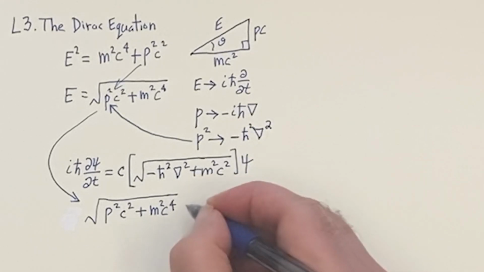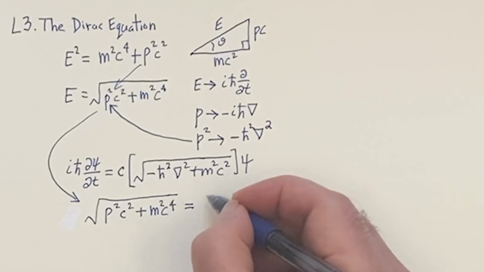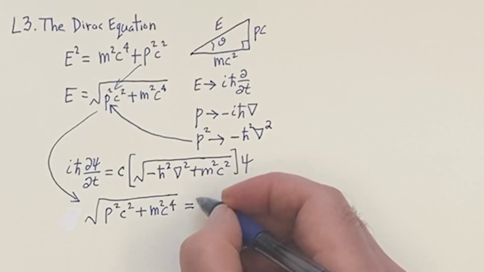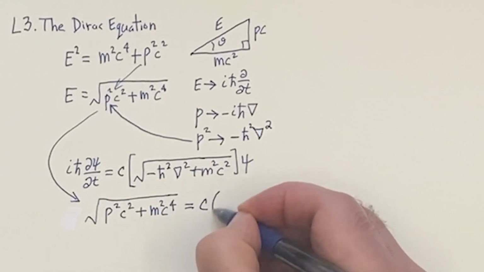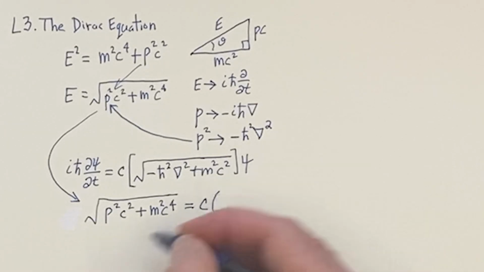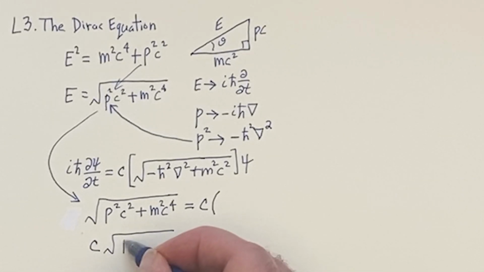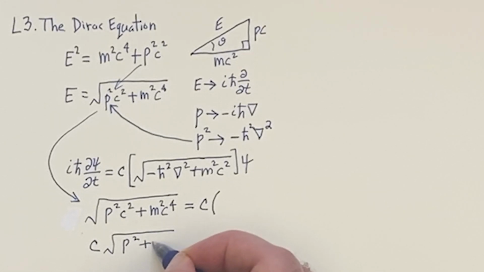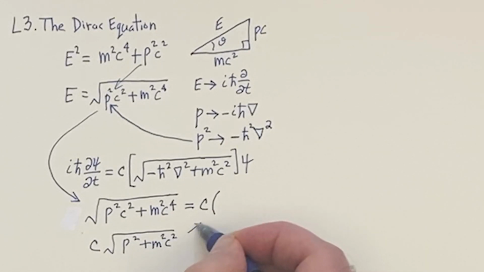Well, Dirac says if you took a square root, you wouldn't have the squares. So here we're going to pull out the c first. Then we'll have p squared plus m squared c squared.